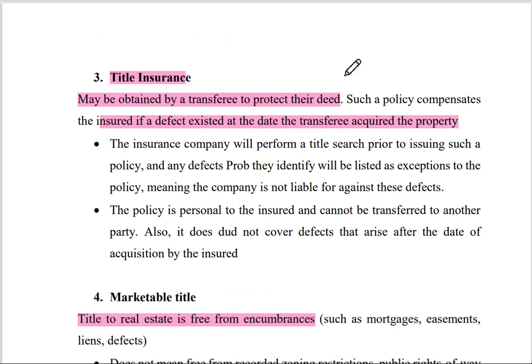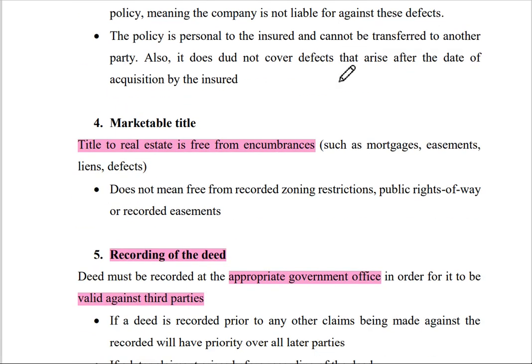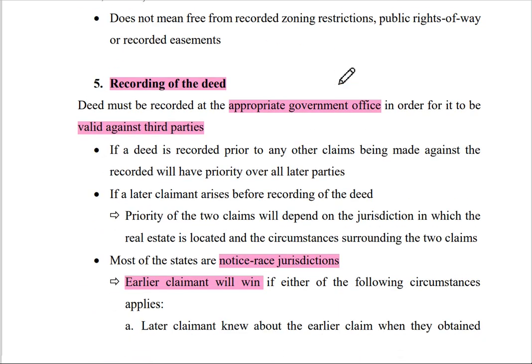So basically, the insurance company goes through all valid reasons, checking if there are any liens, encumbrances, or easements on the property, and only then will they provide this particular insurance. So therefore, you're basically safe about the title of the property. Marketable title is the title of real estate that is free from encumbrances such as mortgages, easements, liens, and defects.